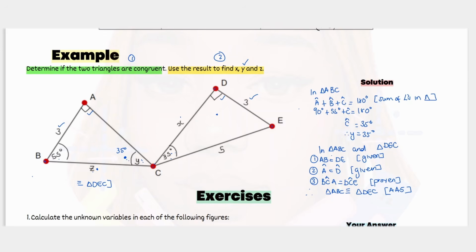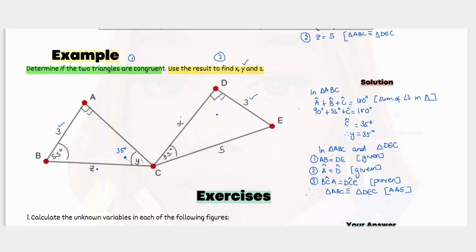If you're looking at just the notes, you're going to think this is a mess. But if you've watched the video, you can understand that I didn't have space. So I'm just going to do number 2 here. We know that z is equal to 5, and the reason is congruency, so triangle ABC is congruent to triangle DEC, right?